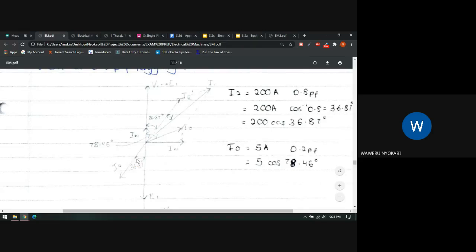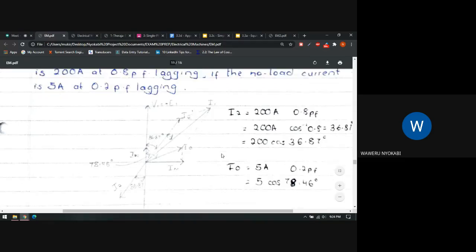But we also have I2 prime, which is antiphase, meaning the angle between V1 and I2 prime is also 36.87. I think we did this in maths: opposite angles are equal.